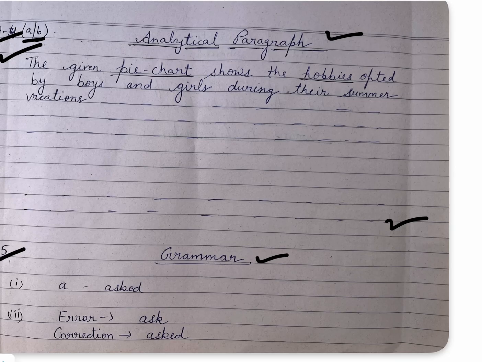Now in grammar, suppose it is of MCQ, then you are to mention the option letter along with the answer also. If it is of error correction, the simplest way is to answer in this way: first the error that is asked, then the correction that is asked.